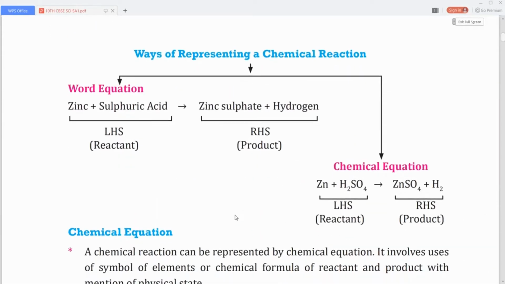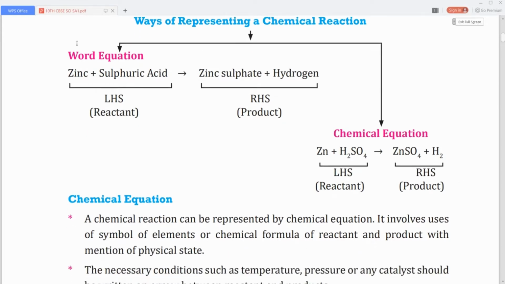Now how can we represent a chemical reaction? A chemical reaction can be represented in two different ways, that is word equation and chemical equation. In a word equation, we say that when zinc reacts with sulfuric acid, it gives zinc sulfate and hydrogen gas.